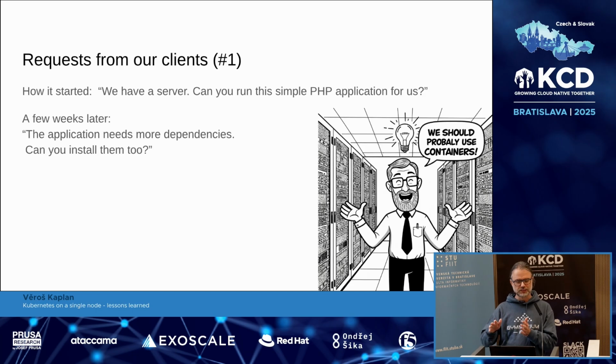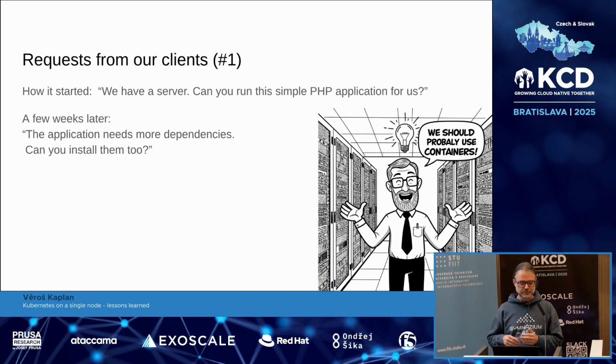We asked Ansible, please set up a LAMP server there, and it works. And upload the application. But some weeks later, the customer calls, well, the application needs some dependencies, for example a non-standard PHP module.